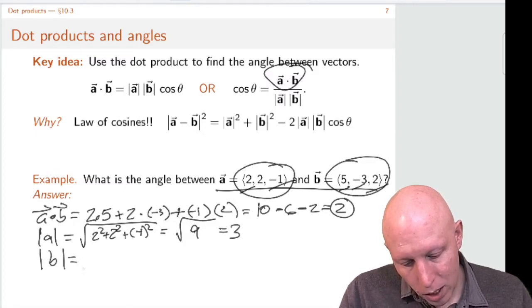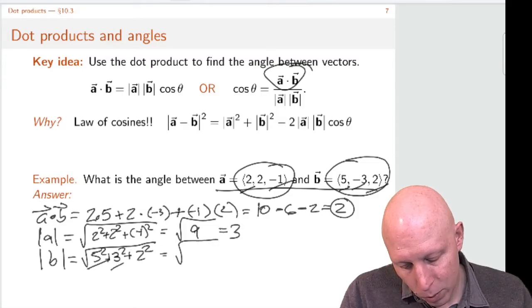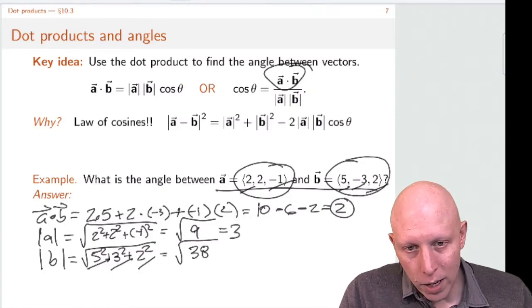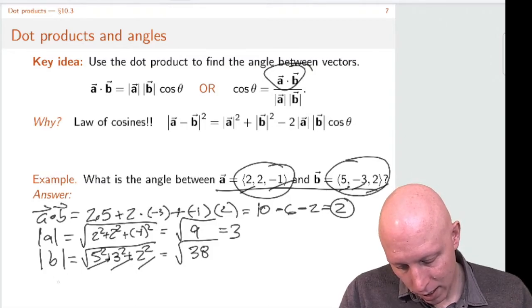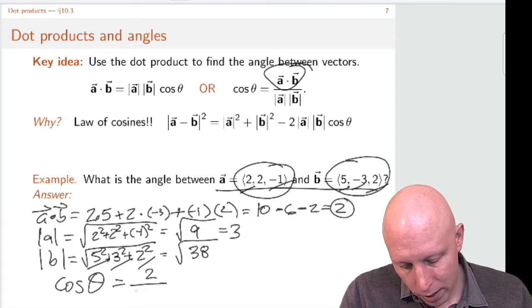The length of b is equal to the square root of 5 squared plus 3 squared plus 2 squared, which is the square root of 25 plus 9 plus 4, square root of 38, which doesn't simplify so nicely. So that's telling us that the cosine of the angle theta is equal to 2 divided by 3 times the square root of 38.